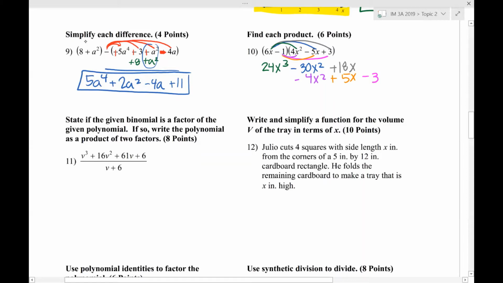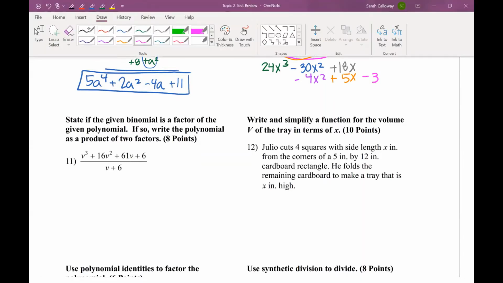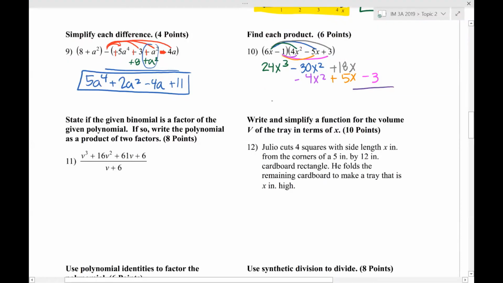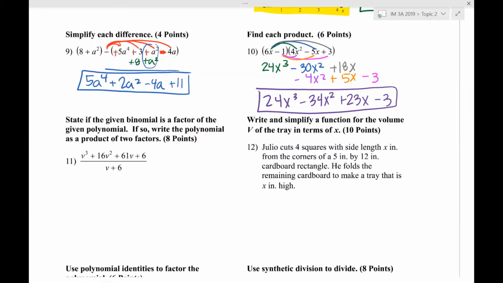When we combine like terms, which I lined up appropriately to save myself a little bit of time, I've got 24x cubed minus 34x squared plus 23x minus 3. And so that is the expansion of 6x minus 1 times 4x squared minus 5x plus 3.